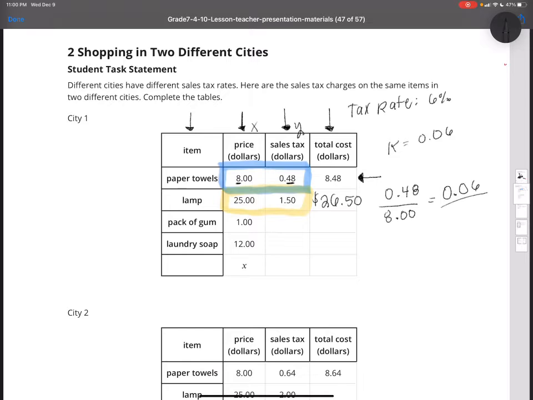Let's focus on completing the table. Just like in past lessons, we need to take this constant and multiply it times the second column, the input. So I'm going to put this on the side: 1 times the constant, and then 12 times the constant.